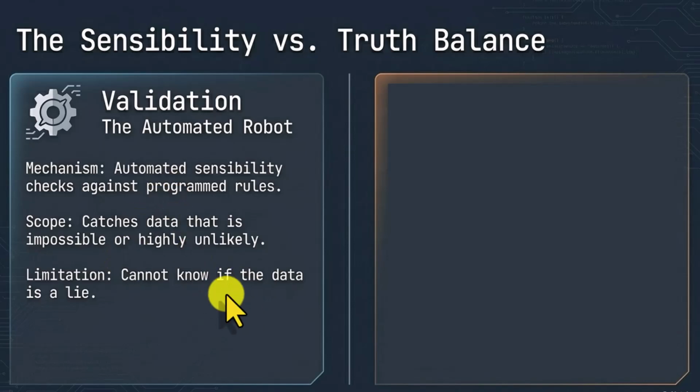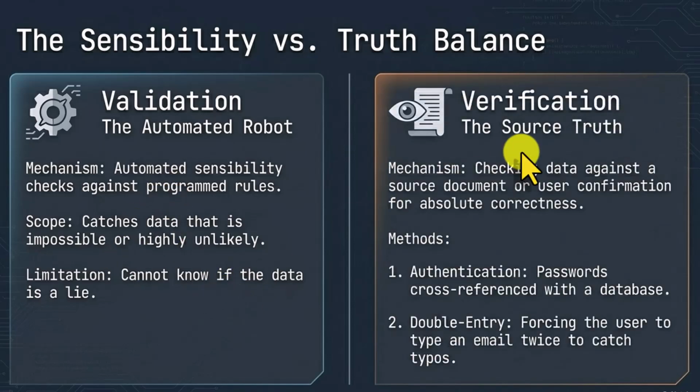Then verification is the source of truth. Here we simply check whether this user is telling the truth or not. And the mechanism for that is checking data against a source document or user confirmation for absolute correctness. For example, your password is stored in a database, and when you enter your password into any system, it will be checked against the main password.